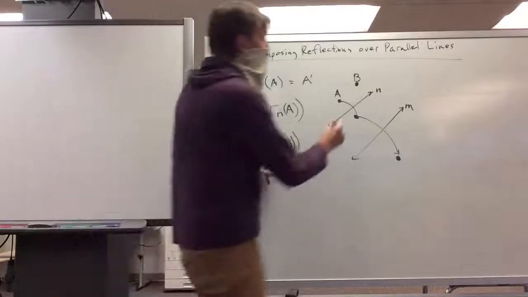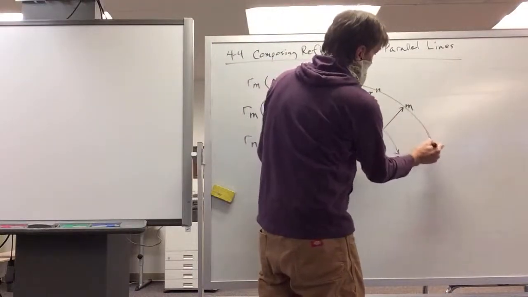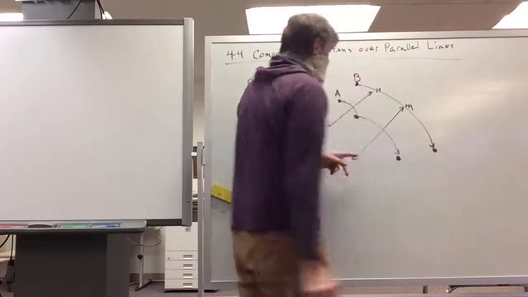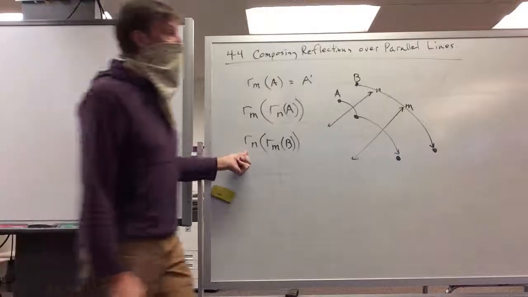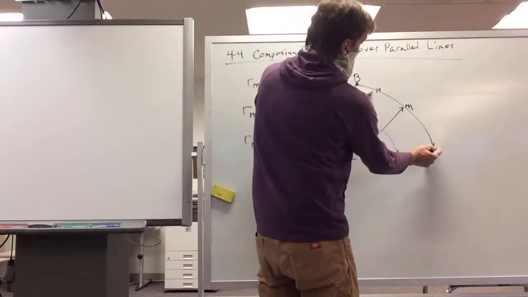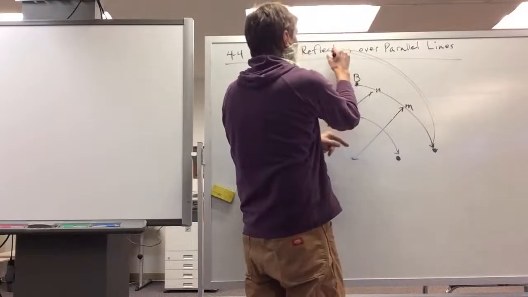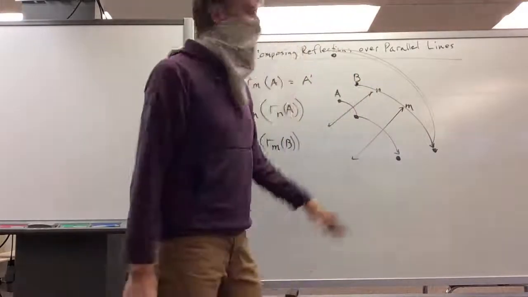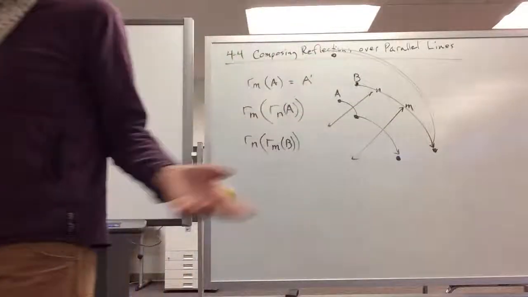So we reflect it over M, so it's going to end up out here. And then you take that result and you reflect it back over N. So now you look here, it's to N, and now it's going to go way up. It's going to end up really far away. So it jumps over one, and then it jumps back over the other. So you can do these in any order.